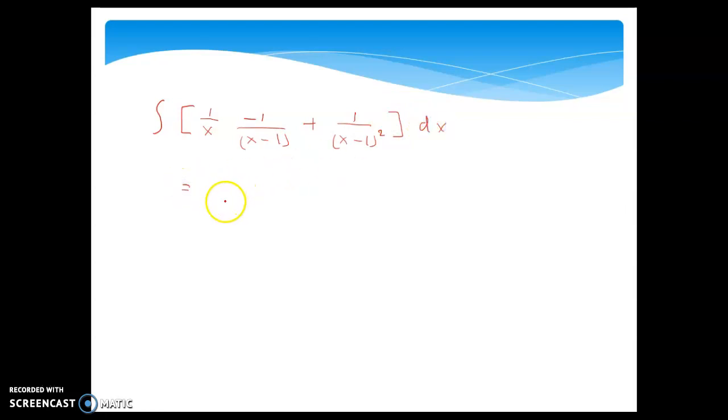So if we take the integration, this integral here is going to be ln of x. And that integral is going to be negative ln of x minus 1. And that one is going to be equal to negative 1 over x minus 1. So we're going to use u substitution here, plus c, the constant.